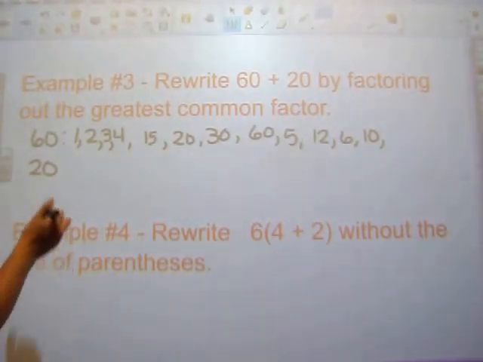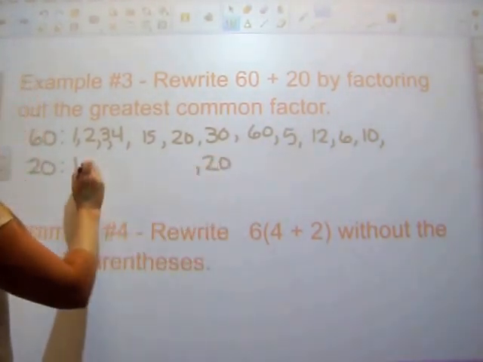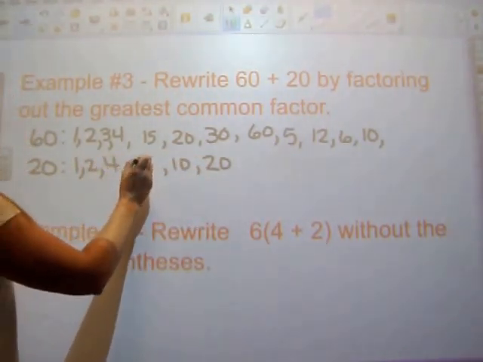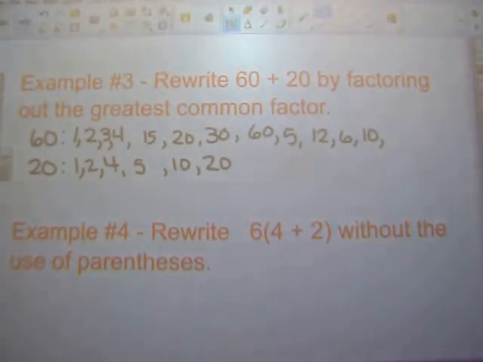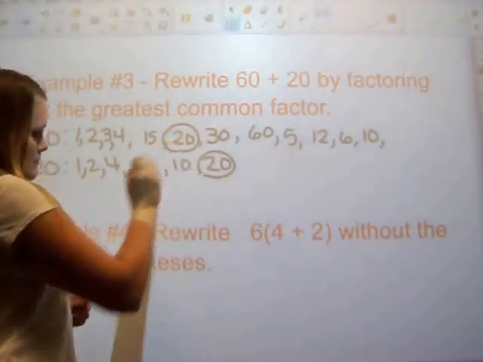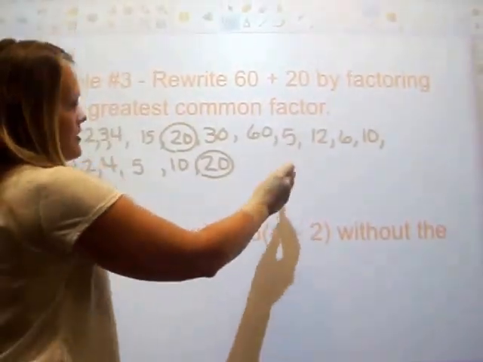That's all the factors of 60. Factors of 20. So I can see here my greatest common factor is 20. So that is the factor that I'm going to factor out.